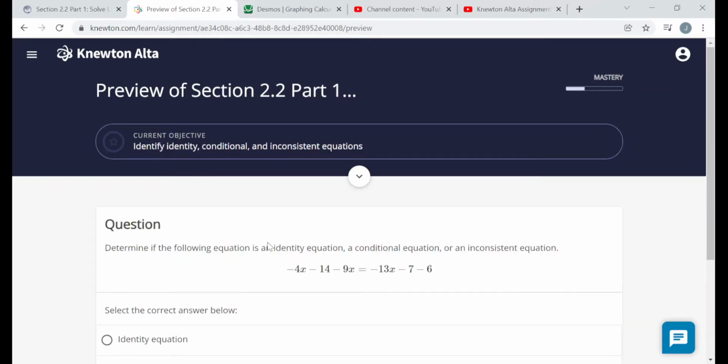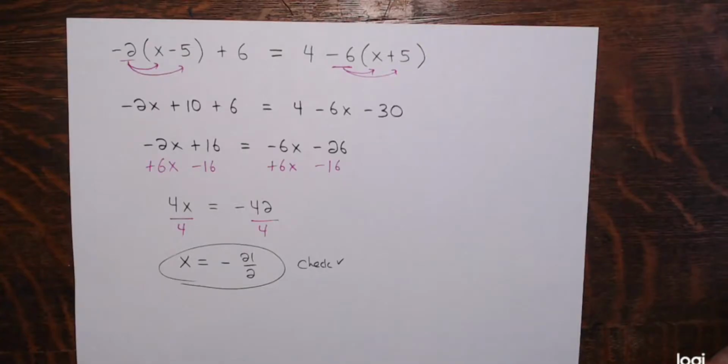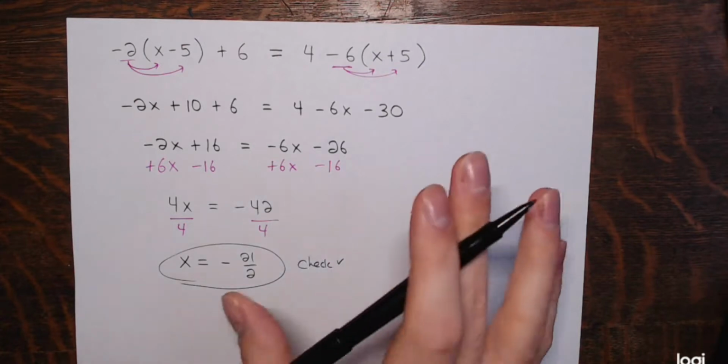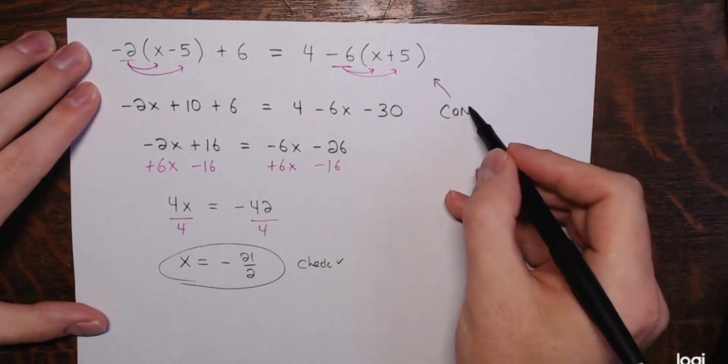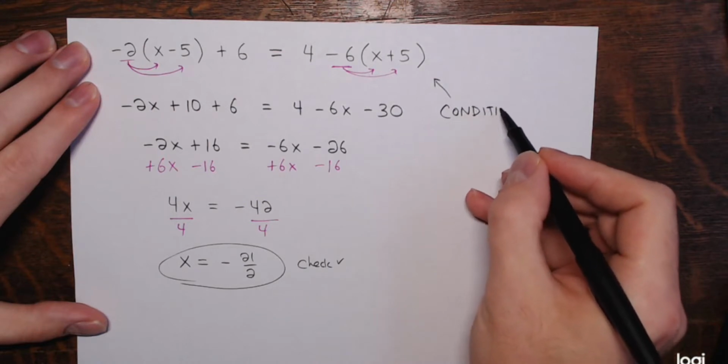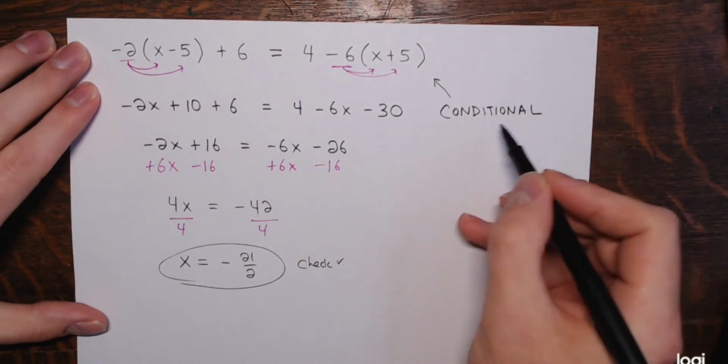Alright, now we're in this new objective: identify identity, conditional, and inconsistent equations. Now, the equations we've seen so far have been conditional. This would be called a conditional equation.